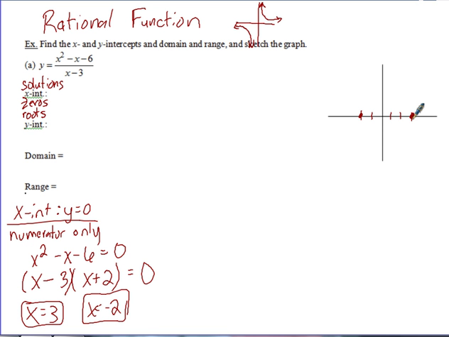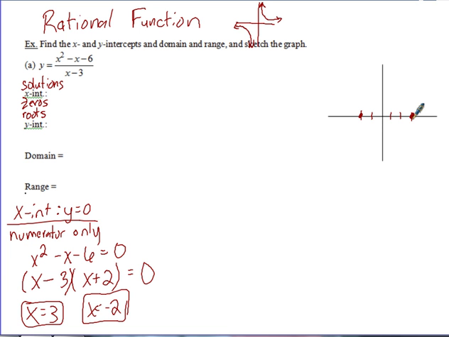Let's move on. Next thing I want to know is my y-intercept. How do you find y-intercept? Good. So if you found x-intercept by making y 0, to find the y-intercept, you make x 0. Now this one's pretty simple because if I make x 0, what happens? So I would plug in a 0 everywhere. What's going to happen to these? They're basically going to go away. Does everybody see that?